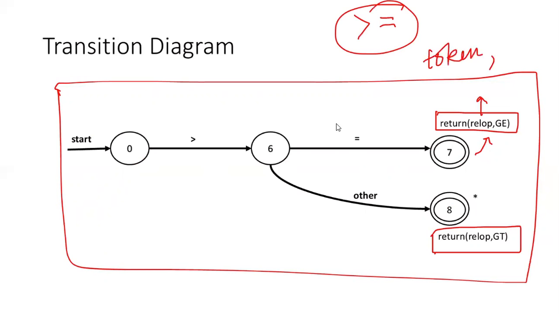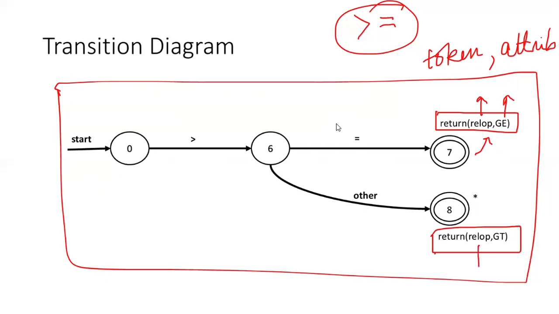Which token? And then GE. What I have seen is greater or equal. So GE is the symbol or the attribute for greater or equal to. So I will return the attribute. Similarly for 8, that means I have seen greater than and then I have not seen equal, but I have seen something else.